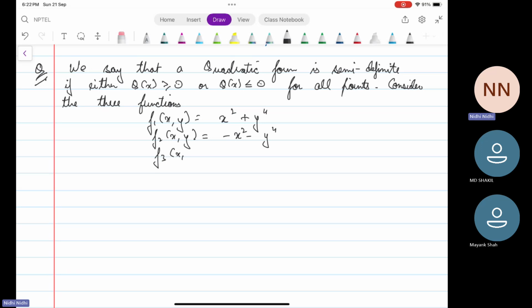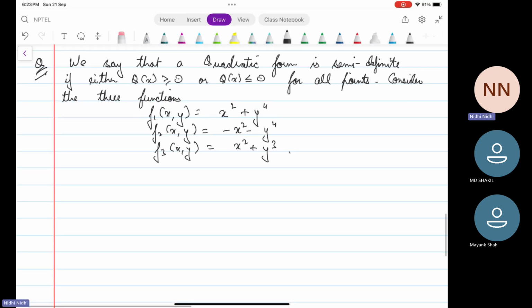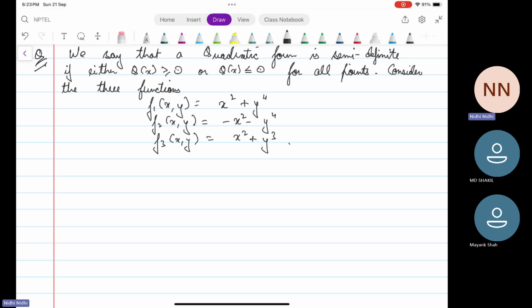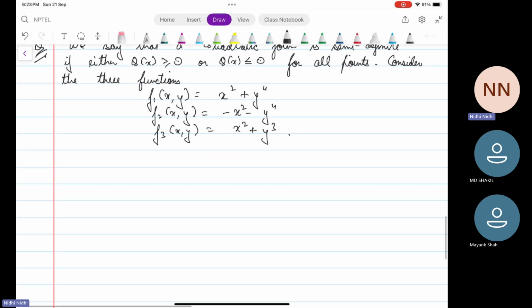And f3(x,y) is equal to x squared plus y cubed. We will determine the nature of the critical point (0,0). You can clearly see that (0,0) will be a critical point of all these functions.